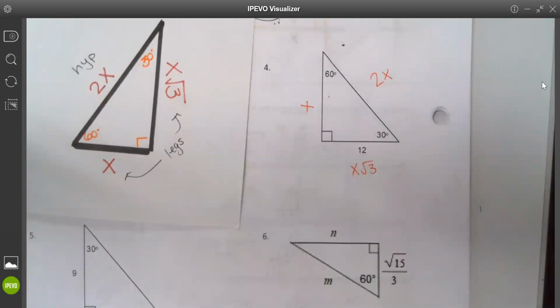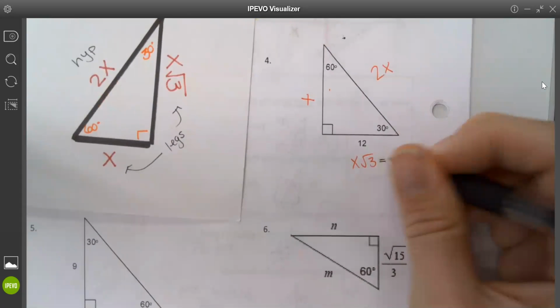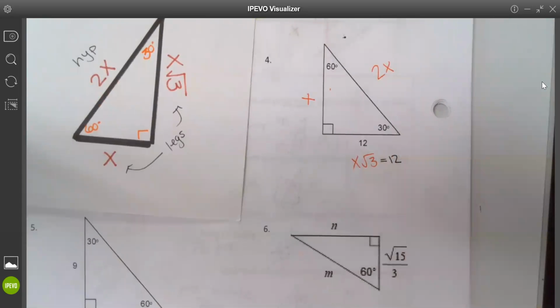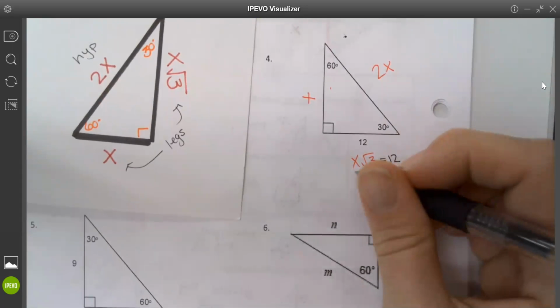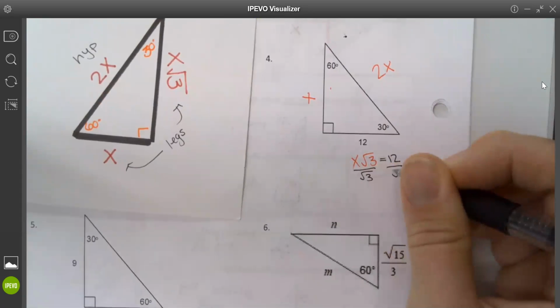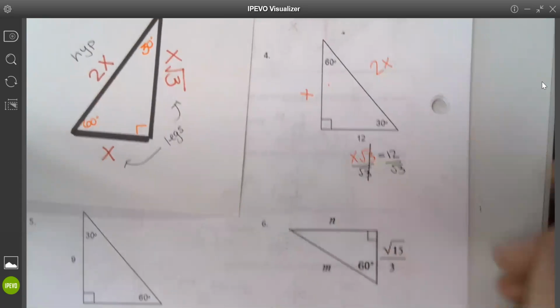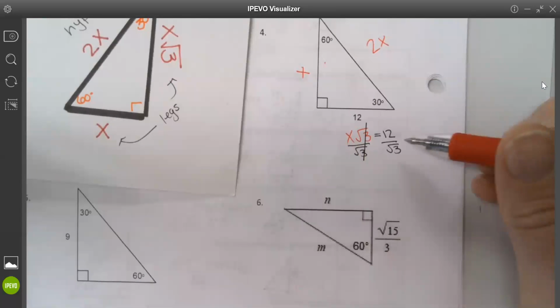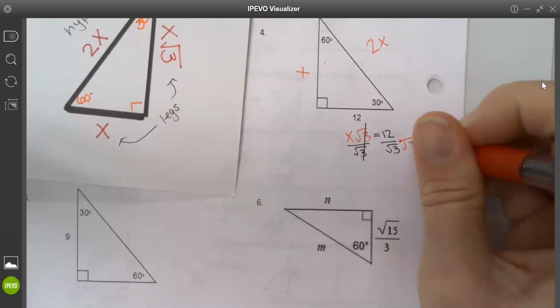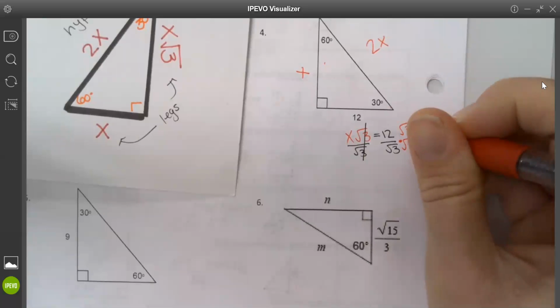The side that I am given is the x rad 3 side. x rad 3 equals 12. So to solve for x, what do I need to do? Divide by rad 3. And again, we run into the issue we had with our 45, 45, 90s, where I can't leave a rad 3 in the denominator, so I multiply by rad 3 over rad 3.